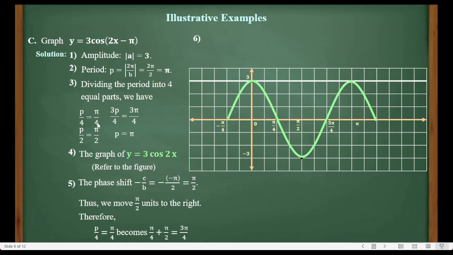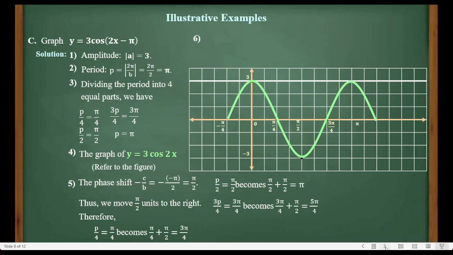Now each value from number 3 will be adjusted by being added to the value of the phase shift, which is pi over 2. So pi over 4 plus pi over 2 is 3 pi over 4. And then pi over 2 plus pi over 2, that is pi. Then 3 pi over 4 will be adjusted by pi over 2 also, so you add pi over 2.